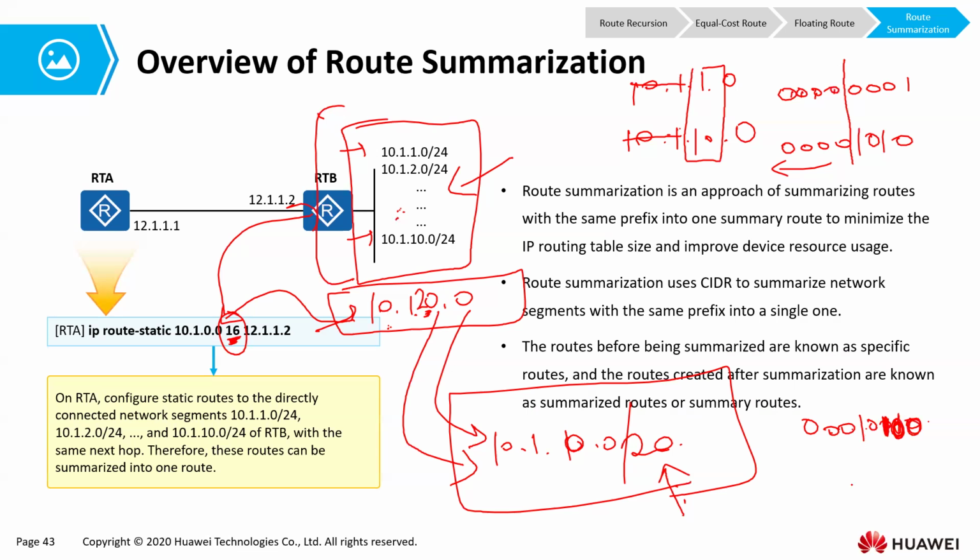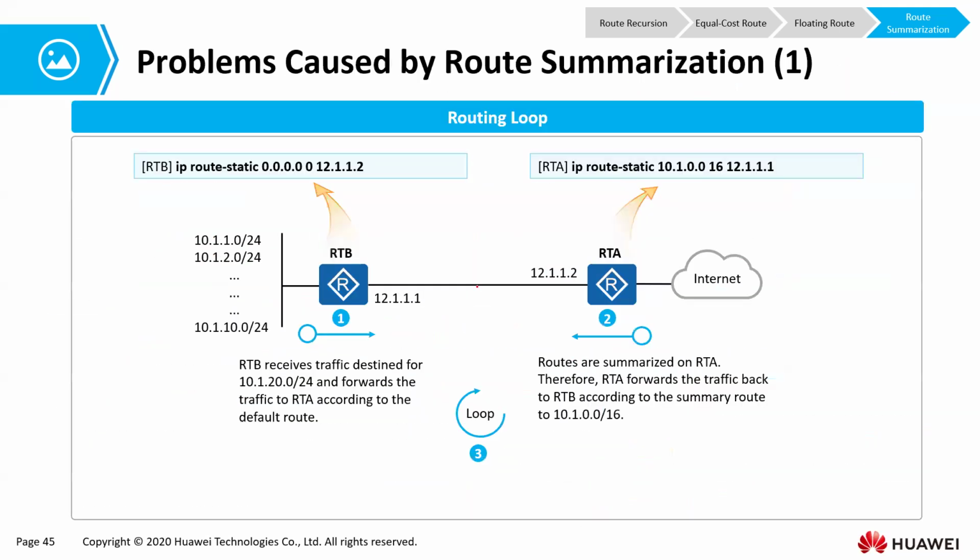But the problem with 20 is that the 1 does not match our first 4 bits here. The 0 0 here becomes 1. That means it does not match. So this is the issue with accurate summarization. This one is sort of broad, the umbrella covers it, but this one is specific. It covers exactly these networks. That's route summarization for you.